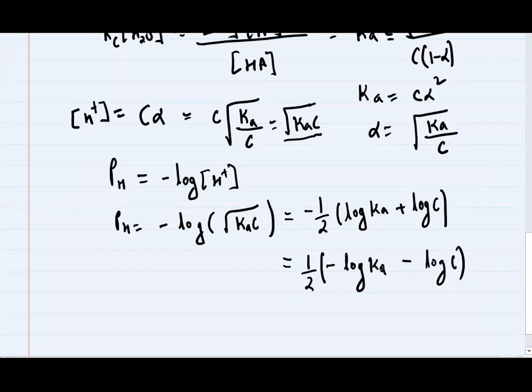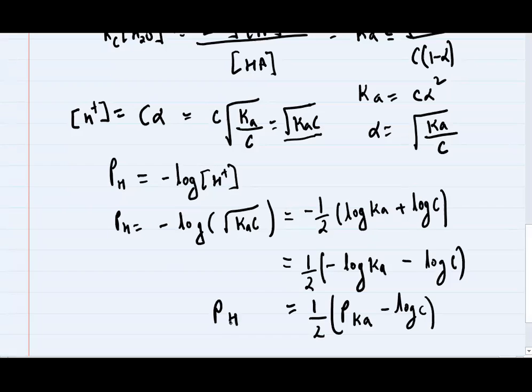Now this term, minus log of Ka, is called pKa. Minus log of K is pKa, minus log C. Anyone have any issue in this?